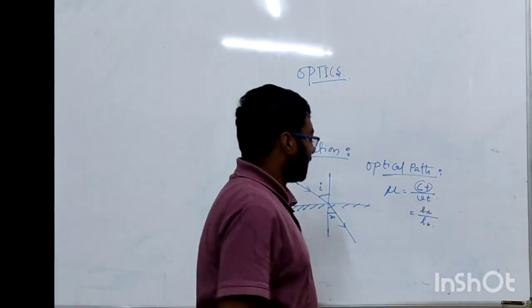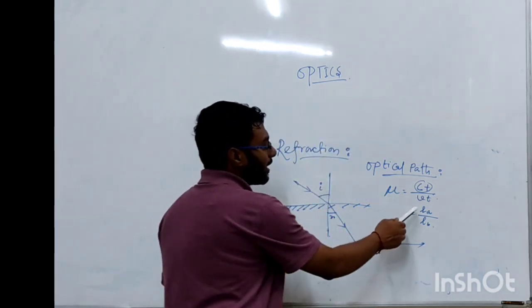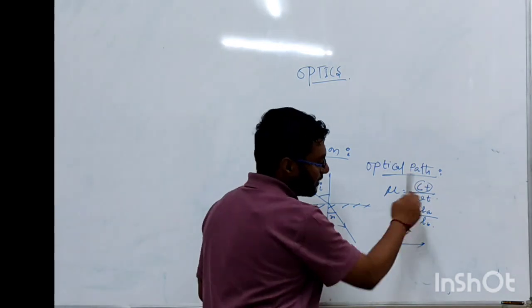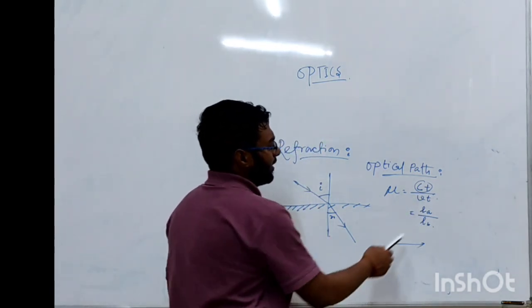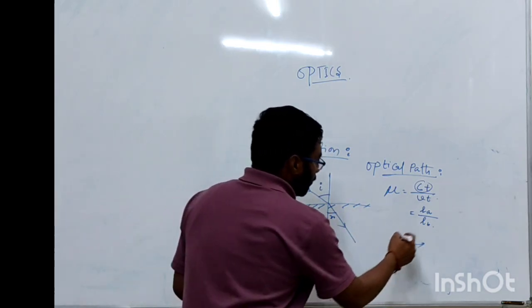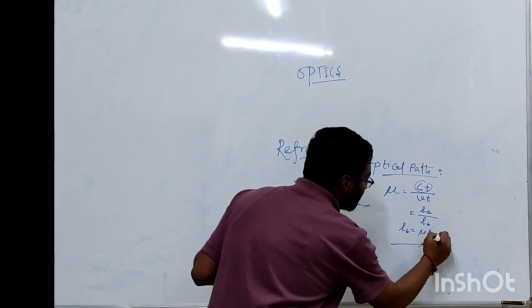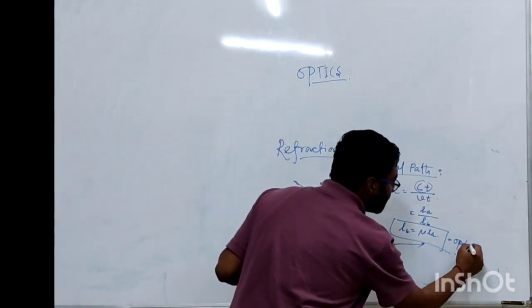What is L? The length travelled by the light in air, that is LA, represented by ct, and LB is the length travelled by light within a particular medium. So from that we can say that LB equals mu into LA. That is the optical path.